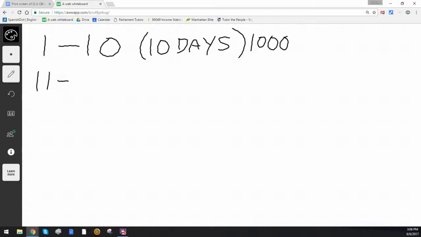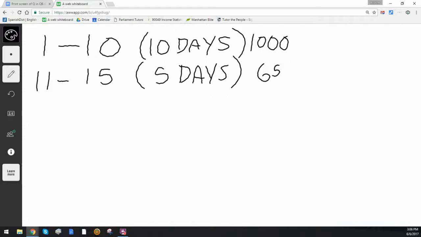So from the 11th to the 15th, which is 5 days, there was $650 in the account, because the 11th was when the withdrawal was made, and the 11th, 12th, 13th, 14th, and 15th, that was before.